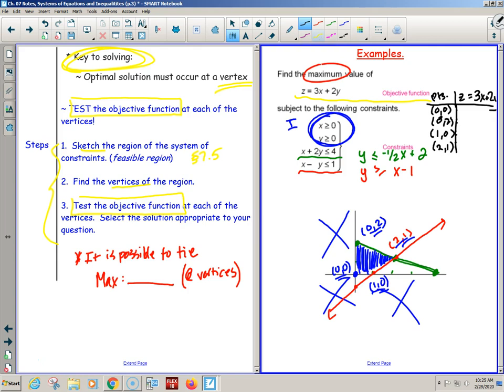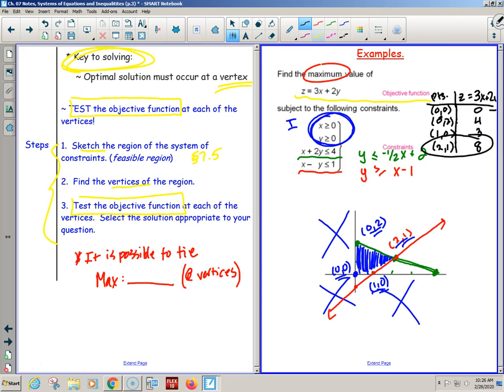But when I plug into my objective, 0 plus 0, plugging in 0, 0, well, that's not very high. 0, 2, 0 and 2 times 2 is 4. Okay, that's better. 1, 0, 3 plus 0 is 3. But 6 plus 2 is 8. What does this tell me?